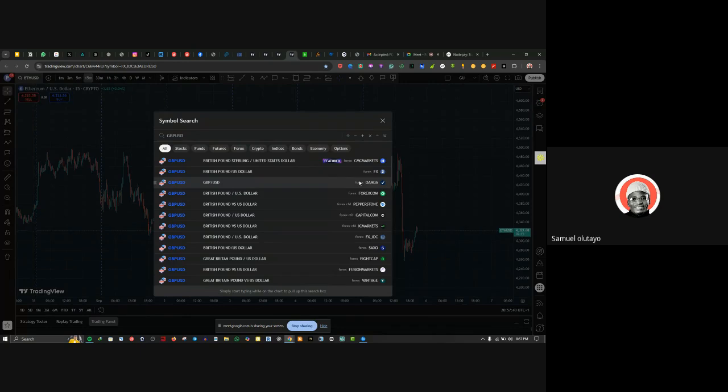Some of them have track records of irregular, misleading charts, right? So you want to use the one that's been tested, trusted. You can use Forex.com or Oanda or CMC Markets. You can see CMC Markets is the one leading the chart. So any of those three charts, you are good and you are safe, right?